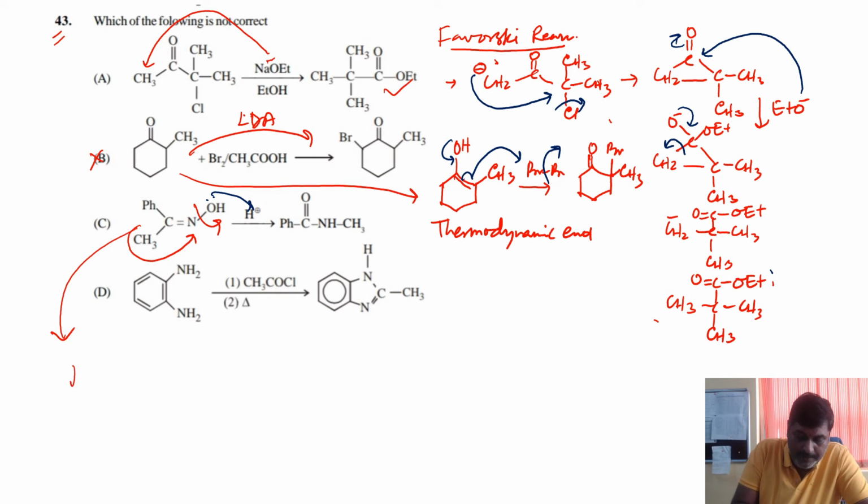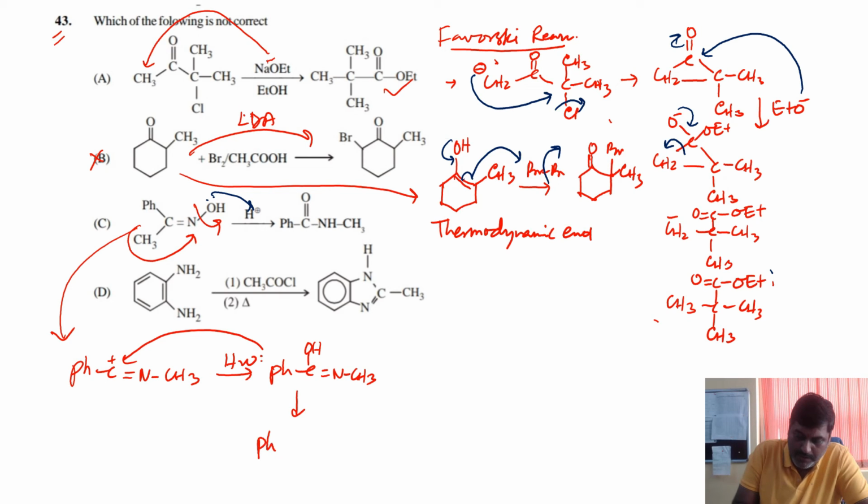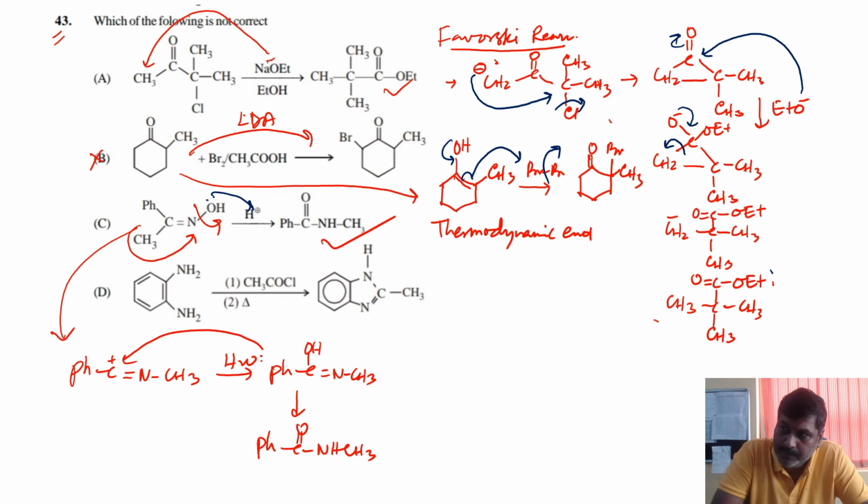Here you will get PhC plus double bond, and there the CH3. Then again the H2O attacks. You will be getting here PhC(OH) double bond and CH3. So after tautomerization, we are getting PhC double bond O and NHCH3. Yes, this is the correct one.